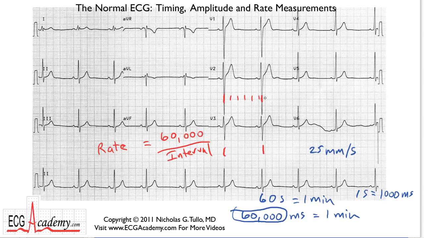And now you have to look a little bit carefully. This turns out to be 1,100. So if you take 60,000 divided by 1,100, plug it into your calculator, you get about 55 beats per minute.